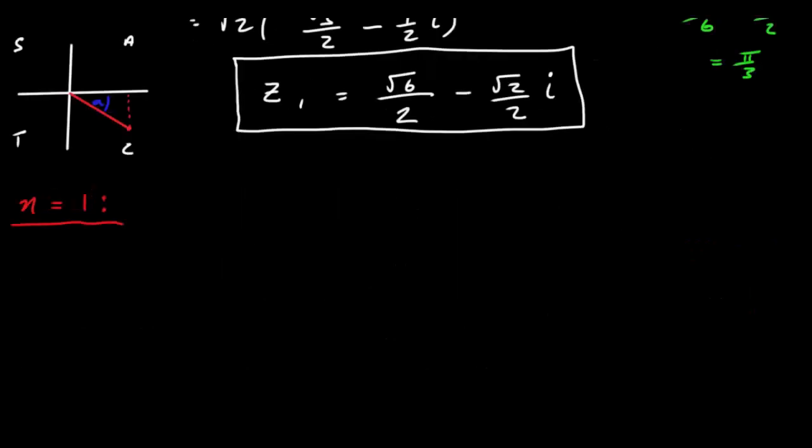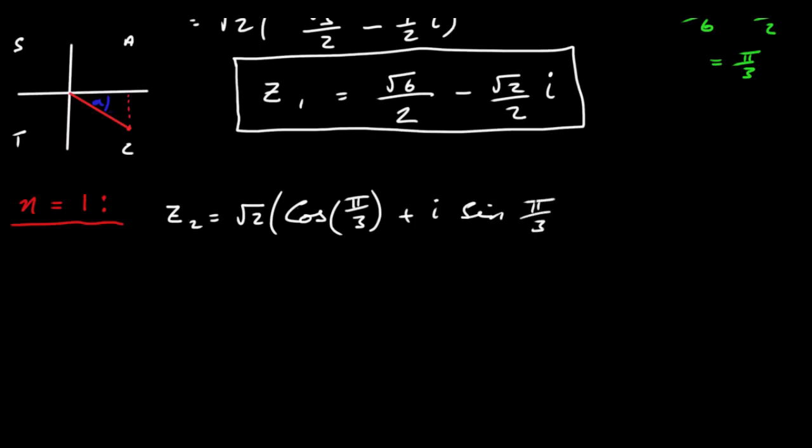Let's write that out. So we have Z2 is going to be equal to root 2 times cos pi over 3 plus I sine pi over 3. You can work that out.